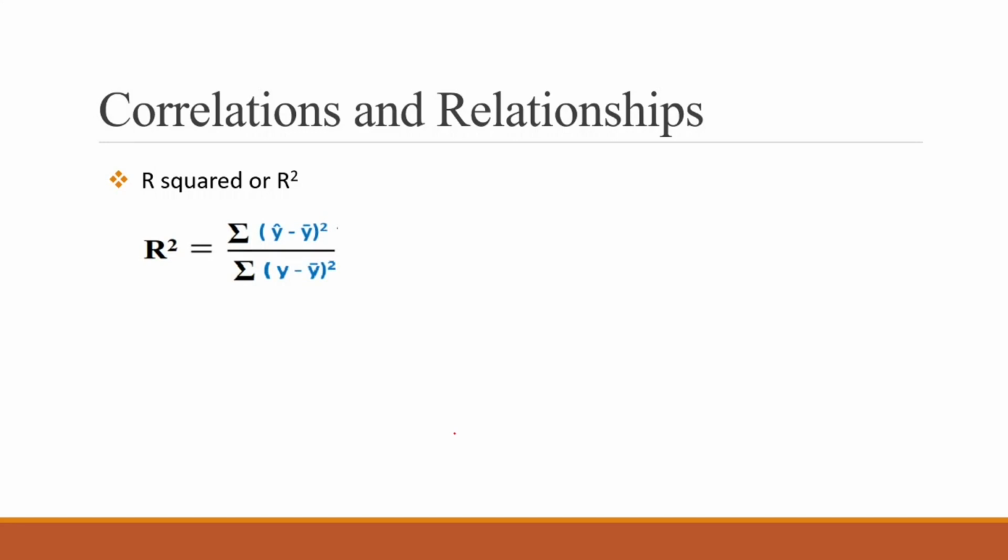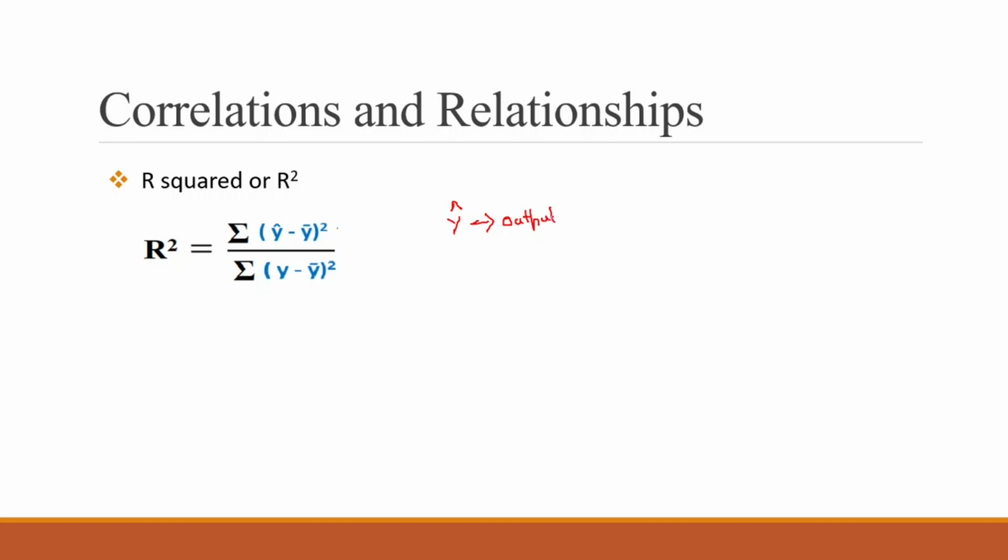R square is the summation of (y hat minus y bar) the whole square, divided by the summation of (y minus y bar) the whole square. Let me explain each of these terms. What is y hat? Y hat is the predicted value, the output value that we have obtained from the model.